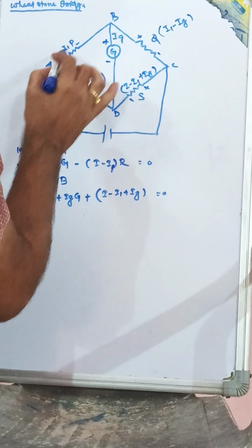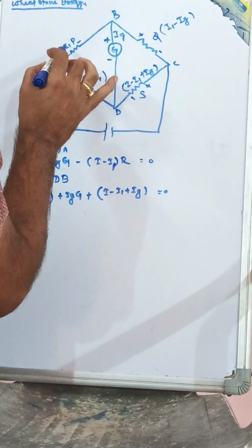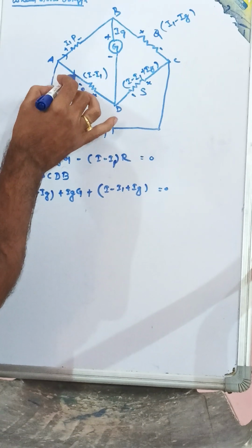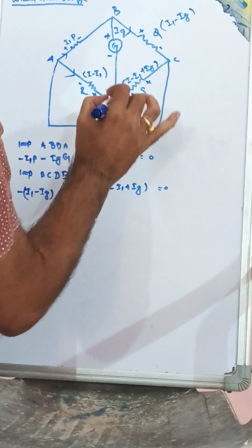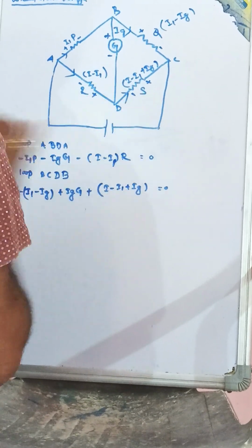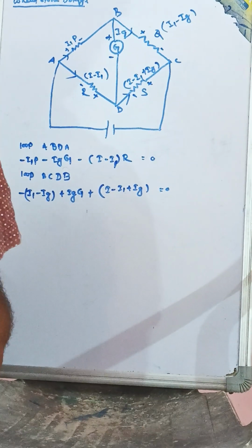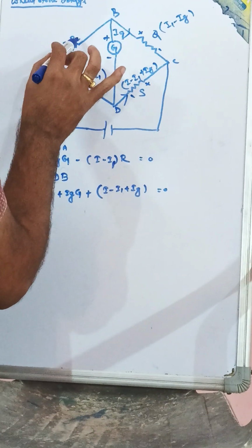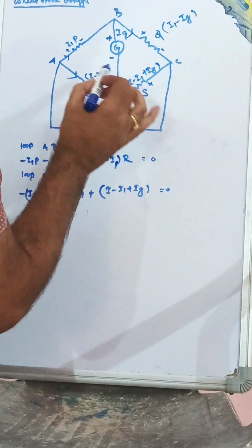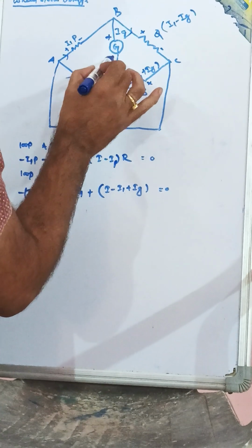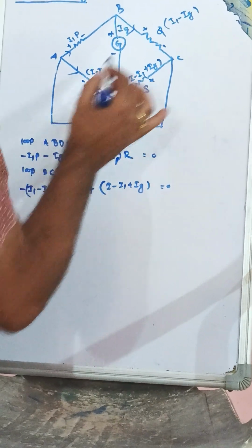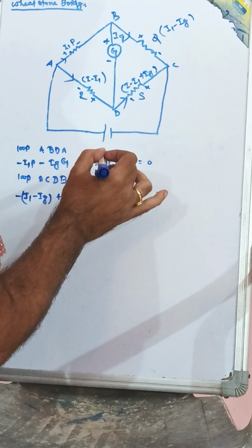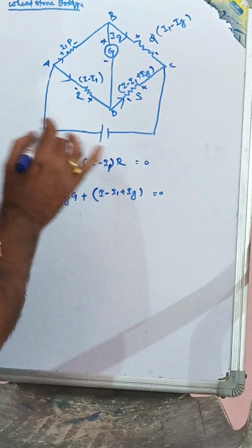ABDA. When we move from A to B, that is minus, the current is flowing in this direction. Then minus, current moves from this to this, minus I1 P, minus Ig G. Then current moves from I1 minus I, this is plus.